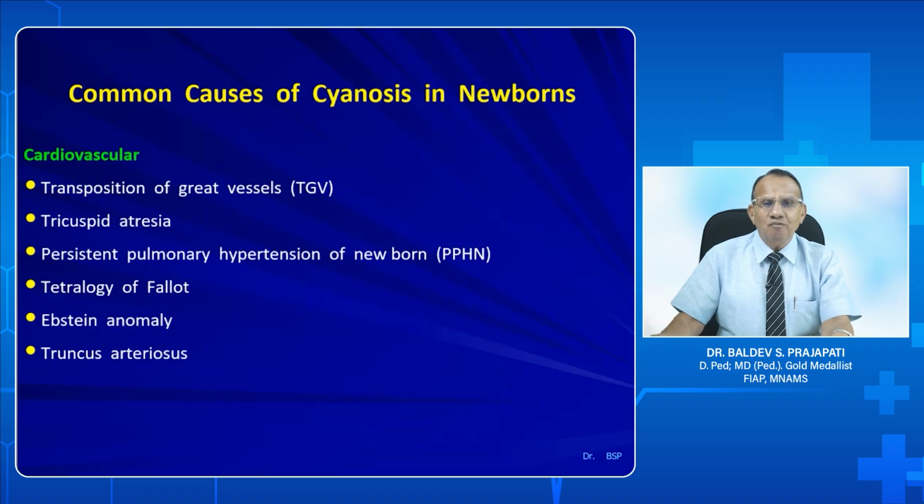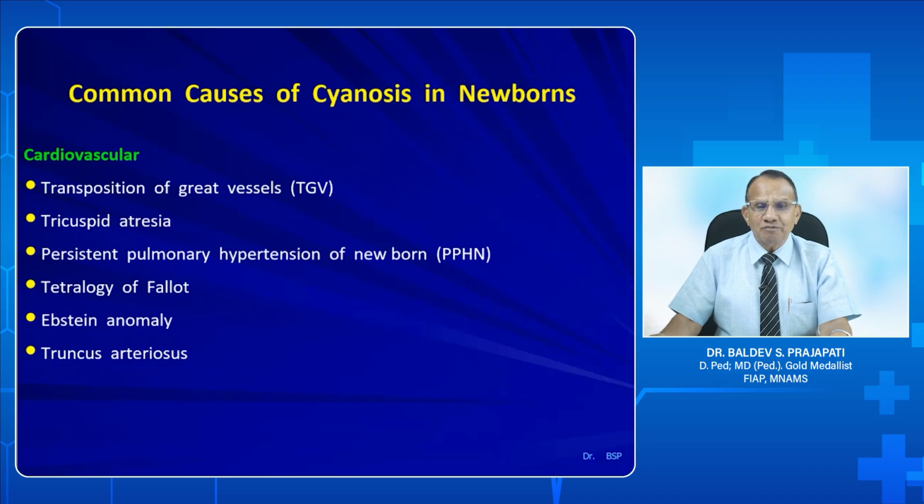If you look at the common causes of cyanosis in the newborn, particularly the cardiovascular causes, the most common is transposition of great vessels. Others may be tricuspid atresia, persistent pulmonary hypertension of newborn, tetralogy of Fallot, Ebstein anomaly, and truncus arteriosus.